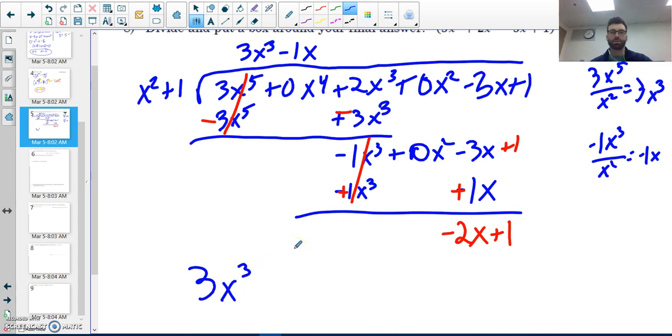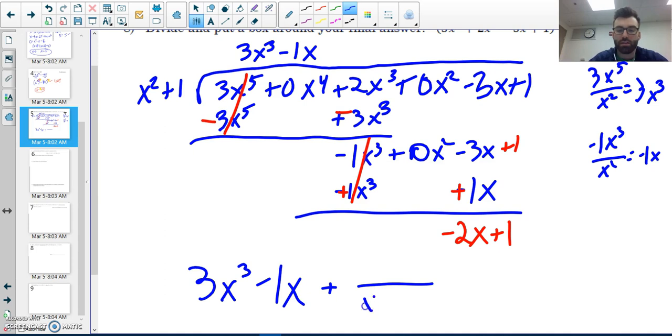How do I know that I'm done? I stop because the degree, the power of my x, is 1. Here I have a squared. I cannot multiply anything to x squared to get x. So we stop there. When the degrees are less, you stop.